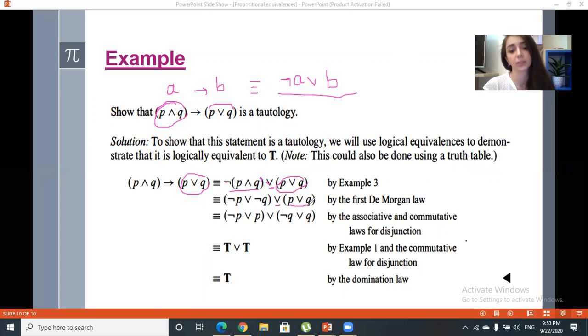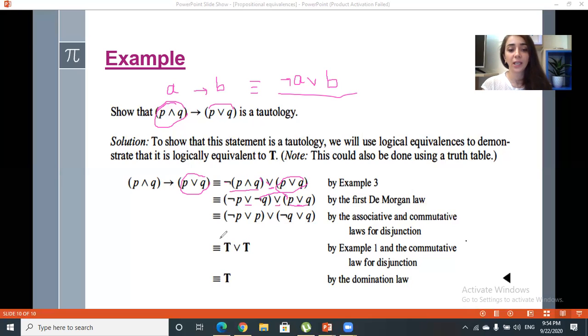By the associative and commutative law for disjunction, we changed ¬Q and P. We write ¬P ∨ P ∨ ¬Q ∨ Q. We changed the order because all the operations are disjunctions, so we can change by using the commutative laws and the associative laws.